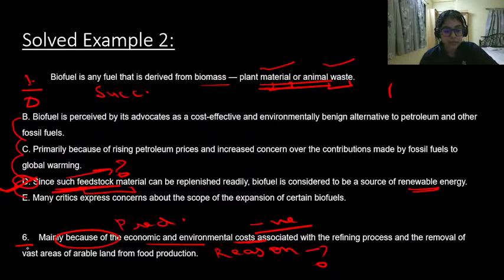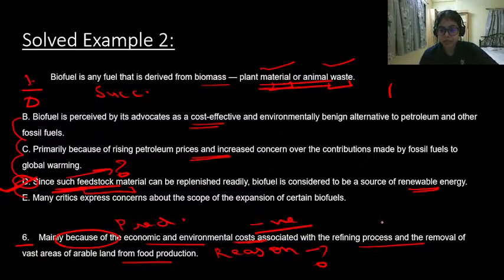Then we discussed that 6 gives us a reason for something negative. So if you read everything, see, 1 gives you again another negative thing. Okay, but it's not relevant to this part. Okay, here it's talking about economic and environmental costs associated with the refining process and the removal of vast areas of arable land from food production.